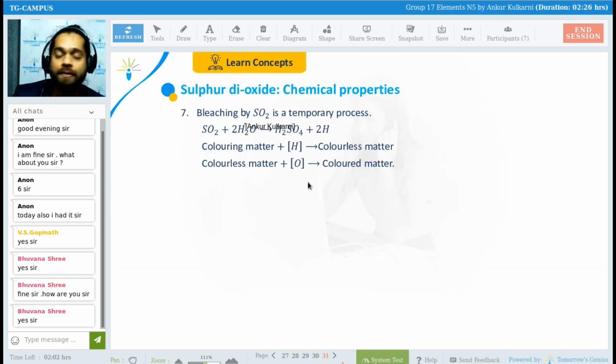Now tell me honestly, how many of you, especially girls, have ever tried coloring your hair? Anyone? Bhuvaneshwar says no. Prashanti, blue, purple, violet.